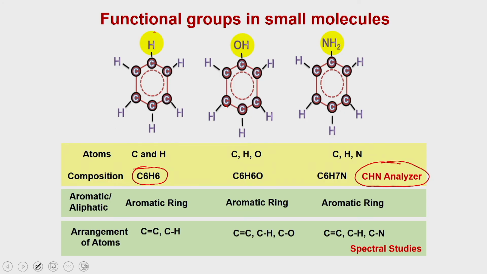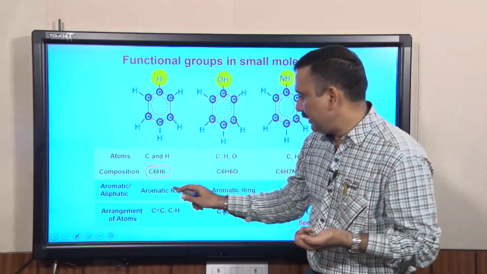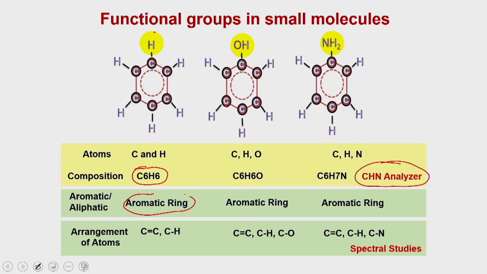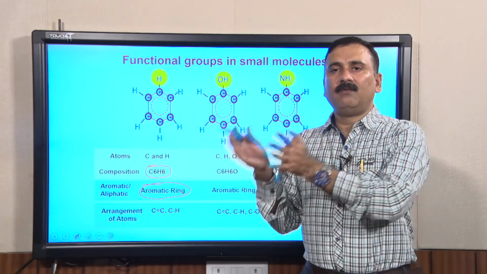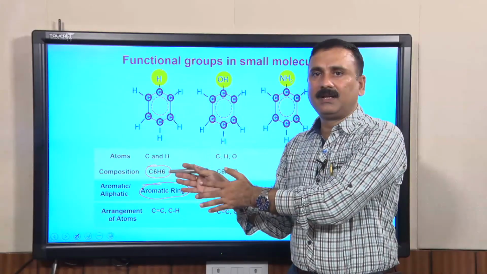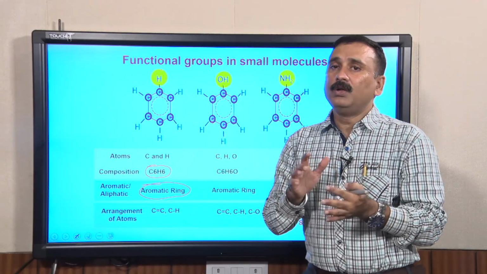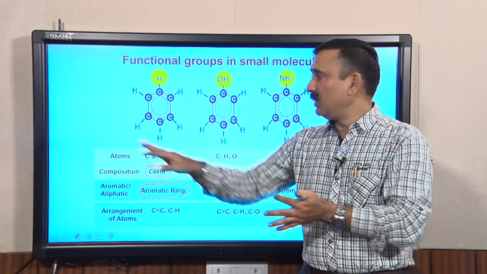Then what are you going to do? You are going to do some of the reactions to know whether the ring I am getting is aliphatic or aromatic, and once that says it is an aromatic compound, subsequently you can do the IR spectroscopy or the UV-visible spectroscopy of this compound.